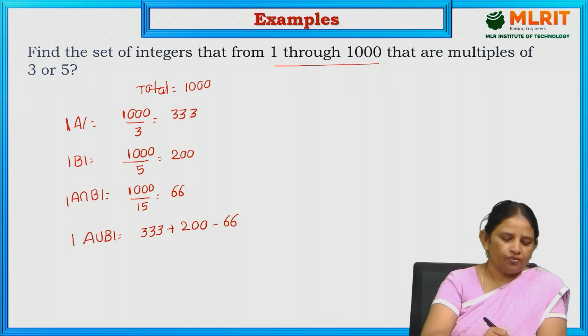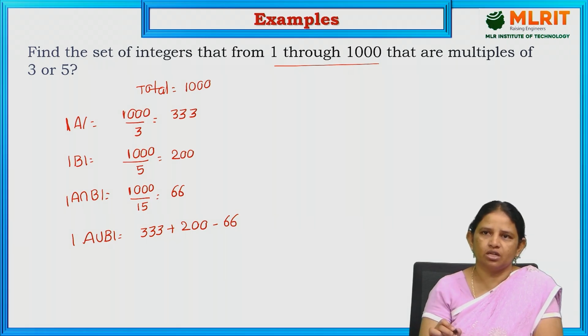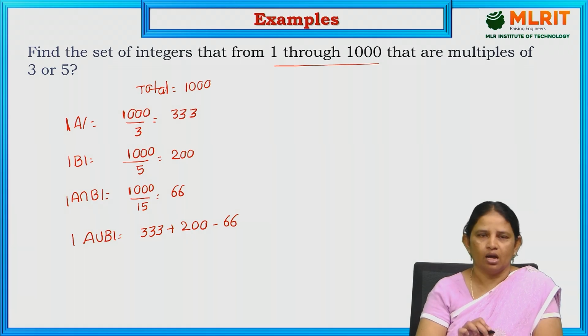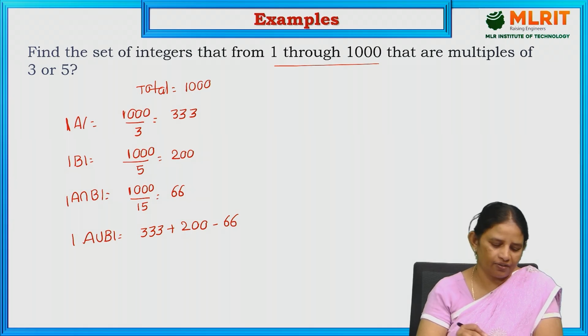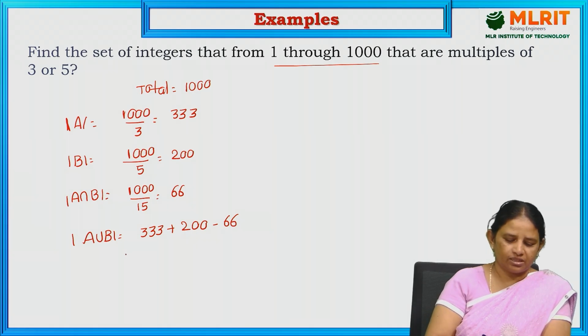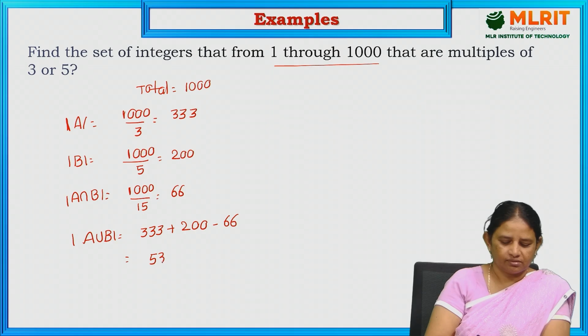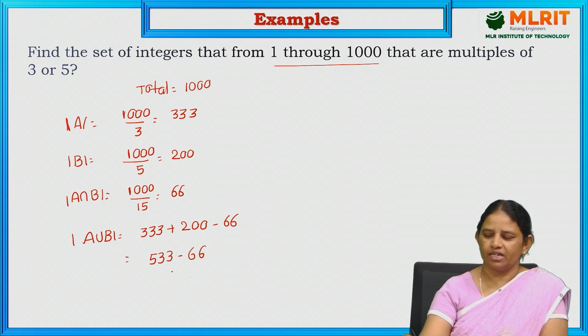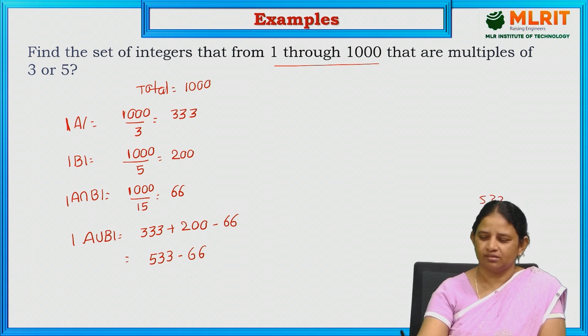Next, 200 is the number of integers which are divisible by 5. A intersection B means the number of integers which are divisible by both 3 and 5, that is 66. That means 533 minus 66.